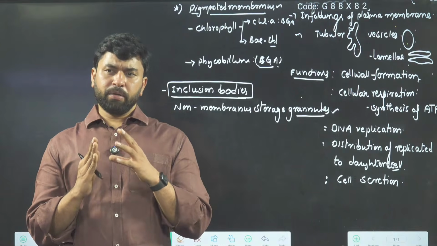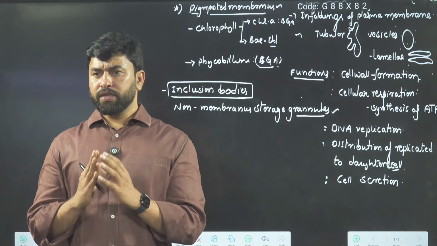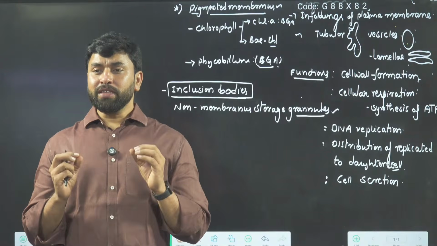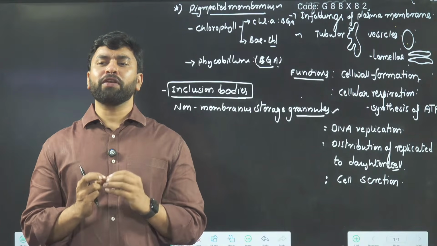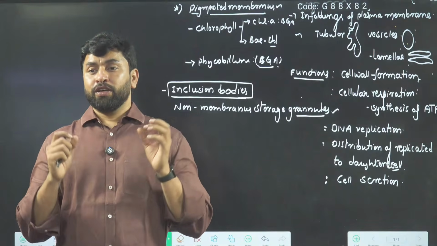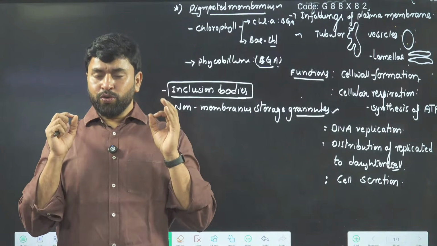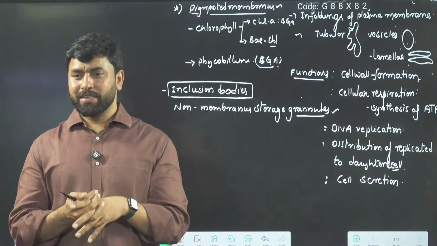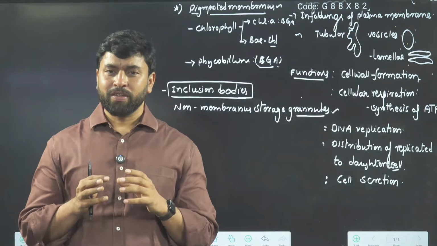My dears, remember, I have seen one statement in the NCERT book, you could also see. Something unique is present in the form of inclusion bodies in prokaryotes. Be careful. If they ask whether prokaryote cells only will have inclusion bodies, that is absolutely wrong.